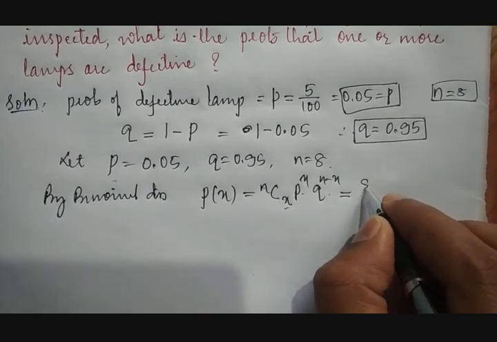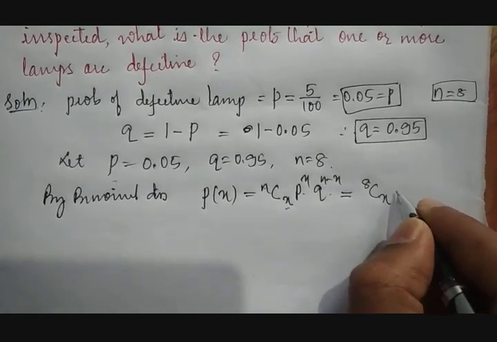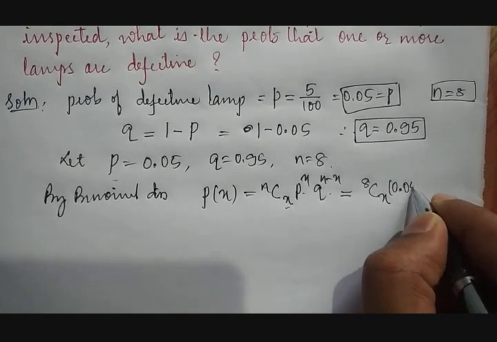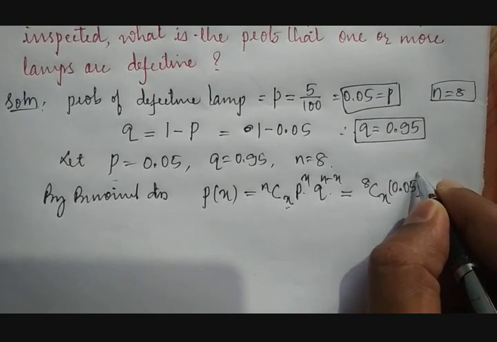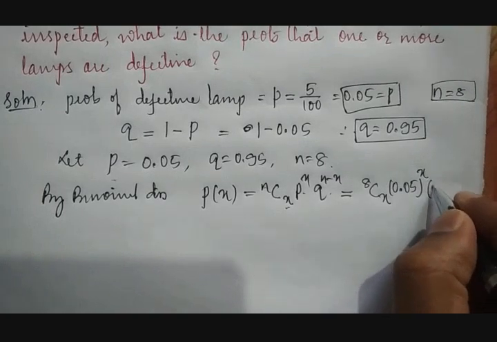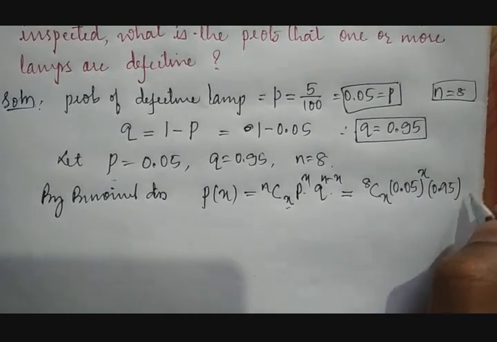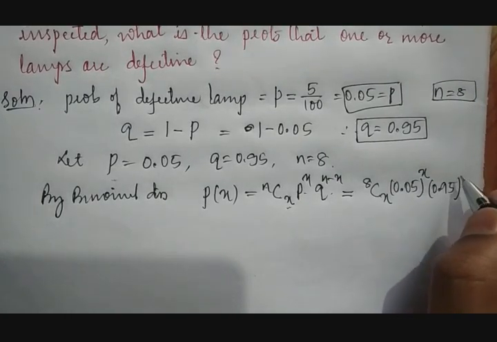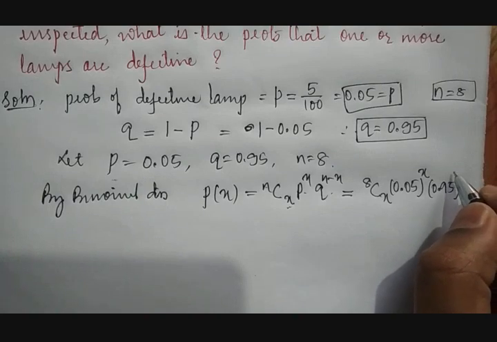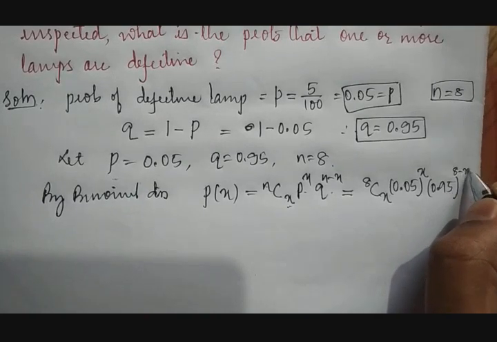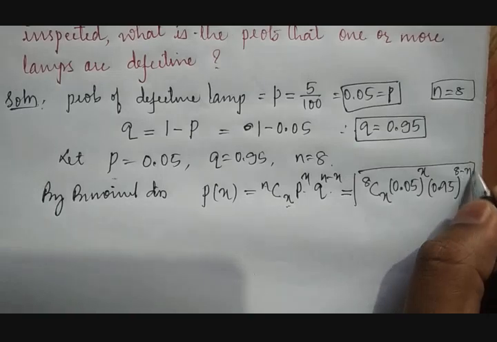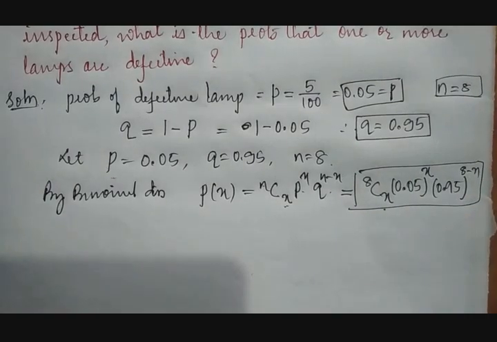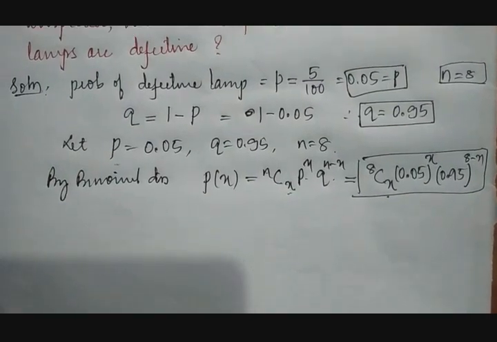N is 8, C x. P is 0.05, that raised to x. Q is 0.95, that raised to N minus x. N is 8, so 8 minus x. So this will be our formula for further calculation.